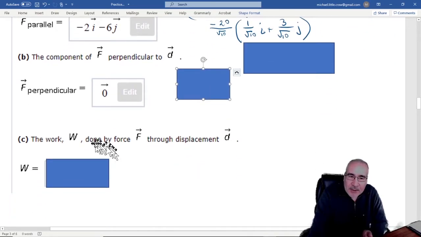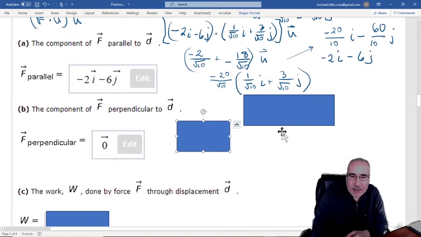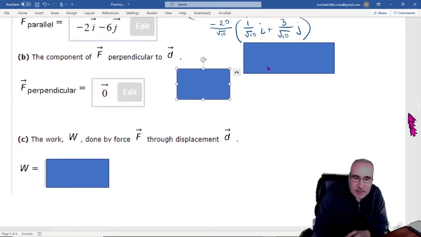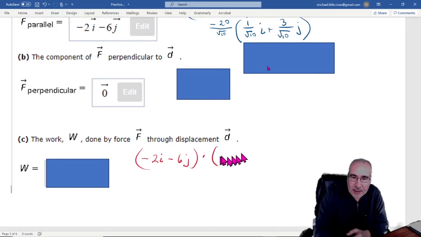But then when we come down to the force done, remember it's just going to be f dot d, the original d, not the unit vector d. Okay, so let's go ahead and write what we need to write here. So f dot d, let's see, what is f? Negative 2i, negative 6j. And the d vector is just i plus 3j.